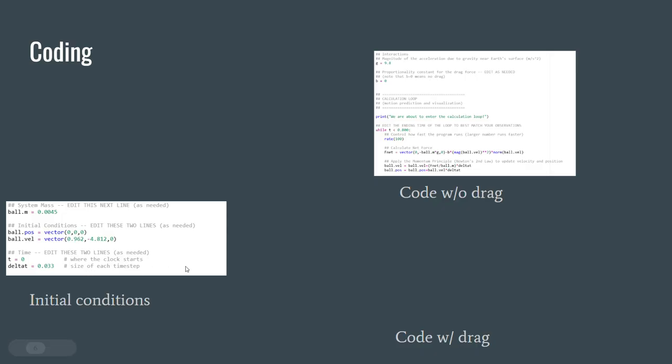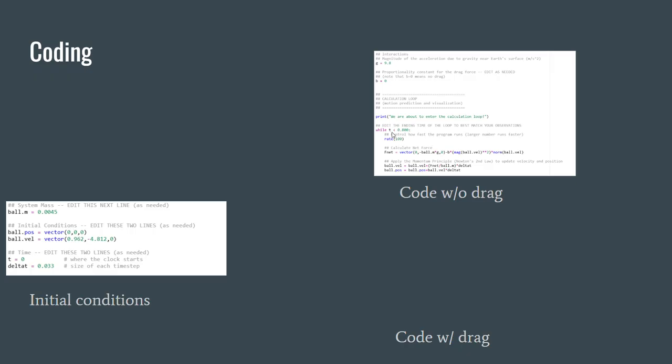And then the delta t is just the size of each time interval. And so here's the code without drag. You can see the b value equals 0, but with drag it equaled 0.0147. And everything else is the same.